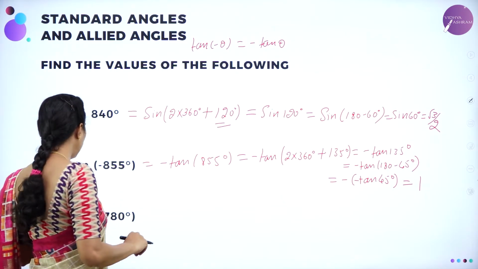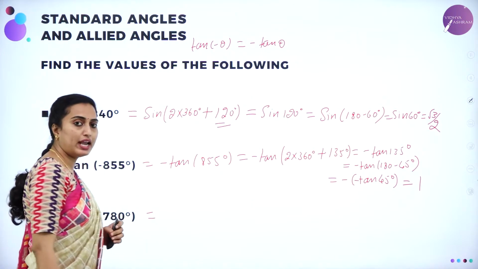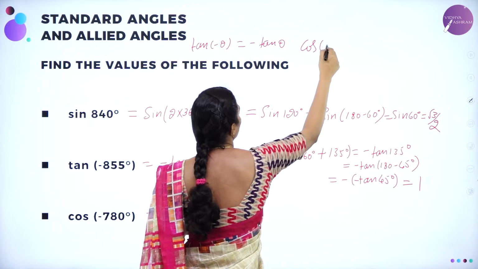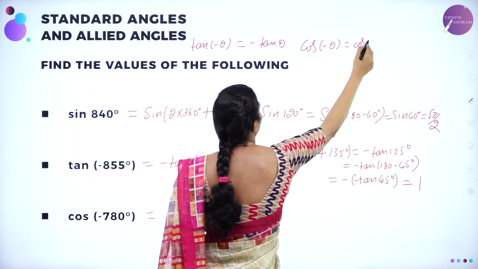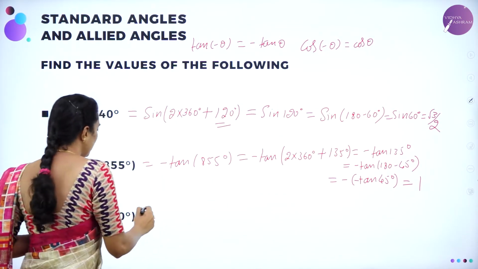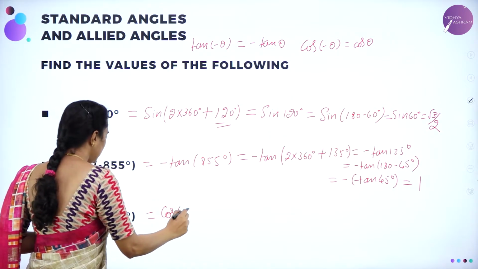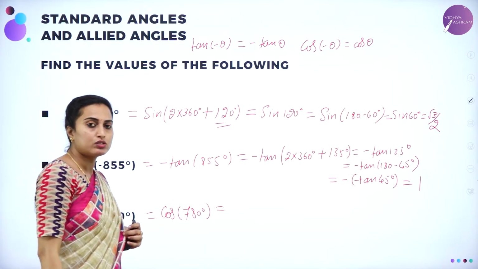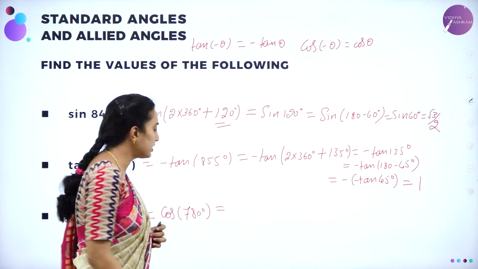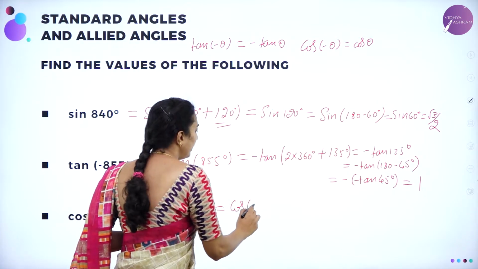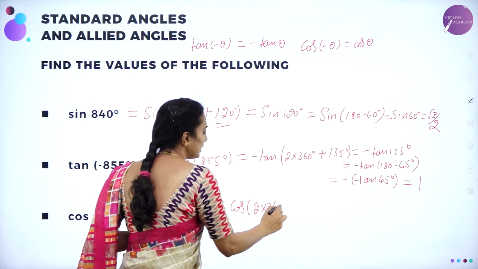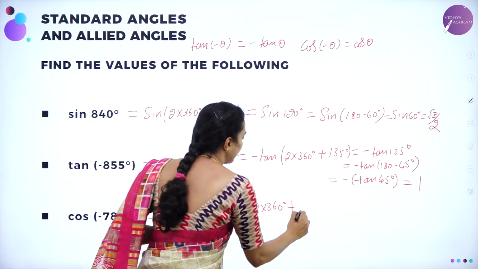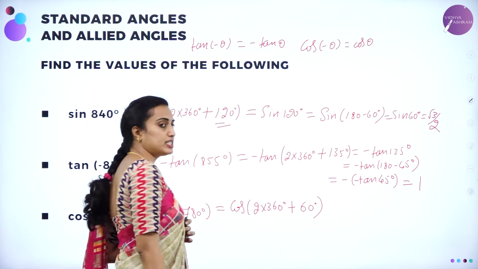We'll move on to the next one, which is cos of minus 780 degree. Cos of minus theta is always plus cos theta. Right? So therefore, this will be equal to cos of 780 degree, which can be written as cos of 2 into 360, which is 720, plus what is that? 60 degree. 720 plus 60 is 780.